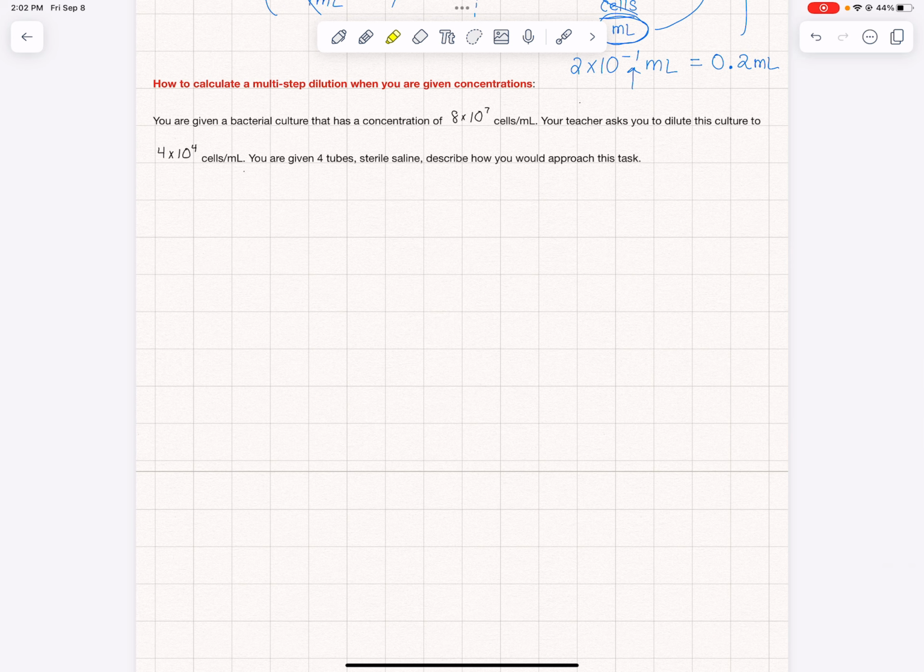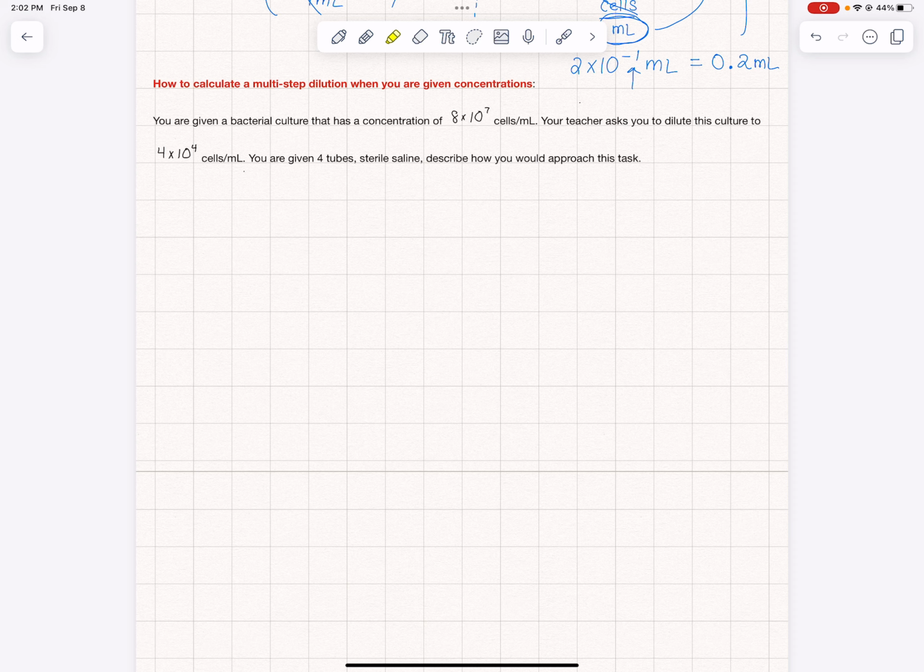Now finally, we're given a scenario where we will need to complete a multi-step dilution. In this scenario, we're given a bacterial culture that has a concentration of 8 times 10 to the 7th cells per milliliter, and our teacher asks us to dilute this culture to 4 times 10 to the 4th cells per milliliter.